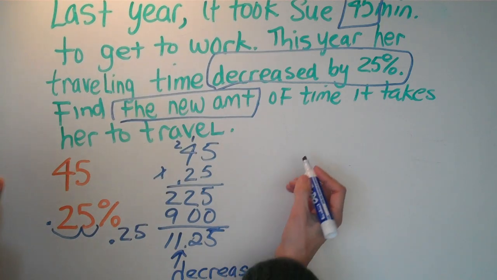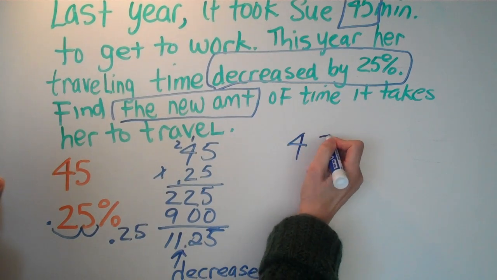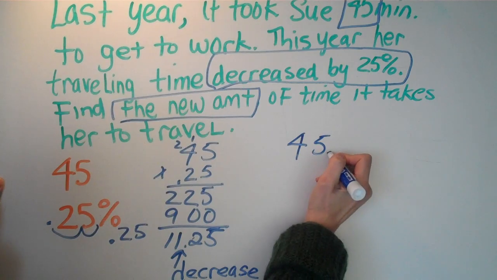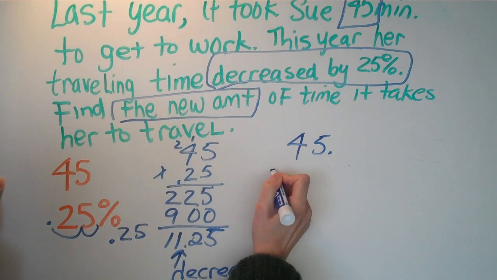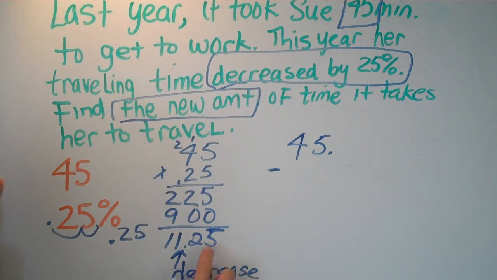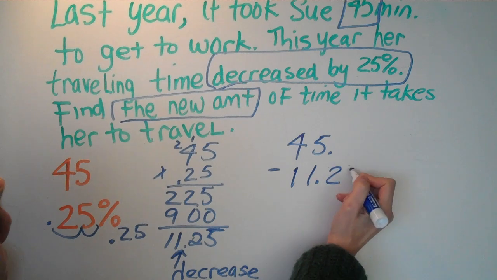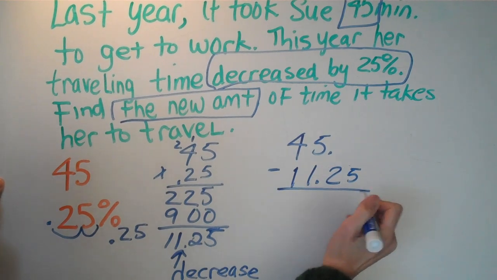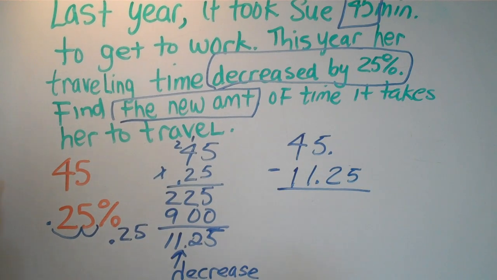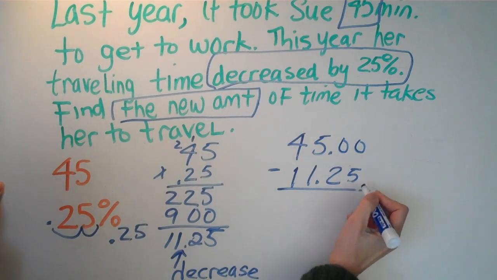So if last time she traveled for 45 minutes, right? And this time there was a decrease of 11.25. Decrease means subtraction, right? So if there's a decrease, we're just going to do that subtraction.